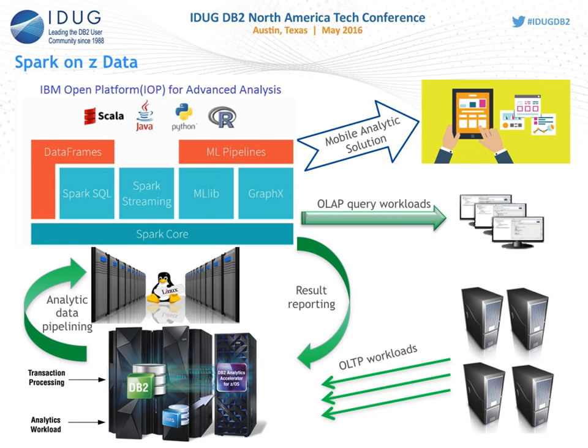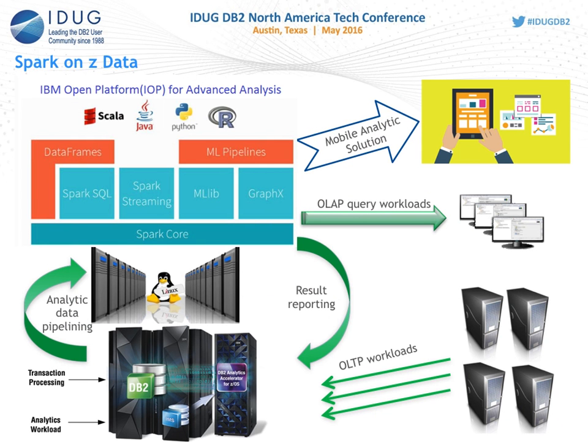This is the overall picture of how it was configured. Initially, we didn't have Spark on Z enabled, so we used Linux on Z. We pipeline the data into Z Linux, where we have Spark installed.